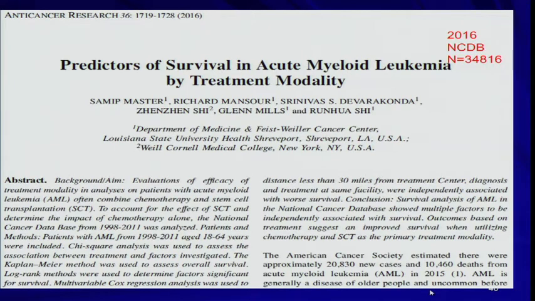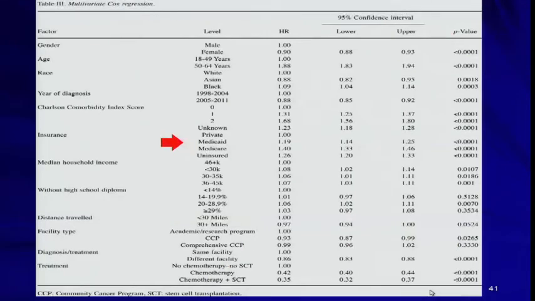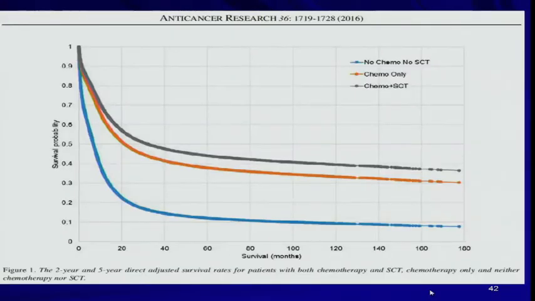We also looked at AML. In 2016, we looked at about 34,000 patients. With these patients, we can still say that compared to private insurance, Medicare insurance increases the risk of dying by 20%. That's for AML. Then, of course, we looked at whether chemo plus stem cell transplant has a meaningful improvement or not.